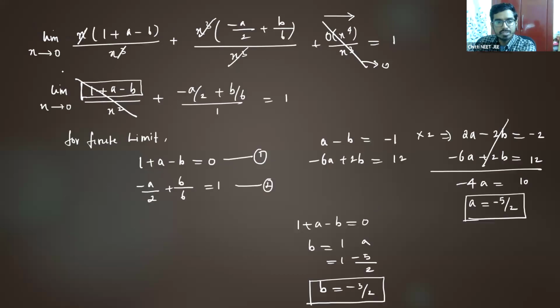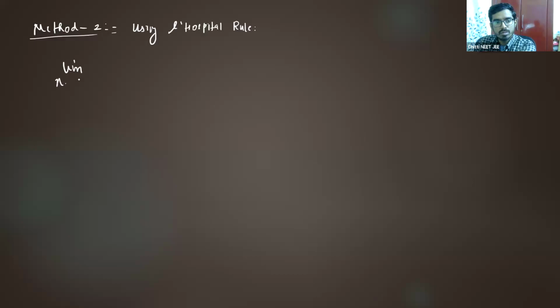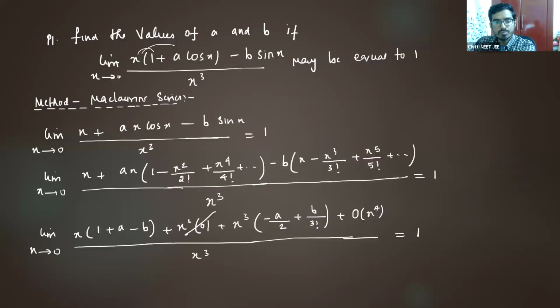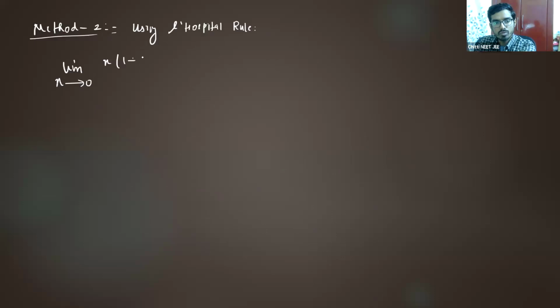I'll do the same problem with the L'Hopital rule. Method 2 using L'Hopital rule. Okay, so let's take the same question. Limit x tending to 0, x into 1 plus a cos x minus b sin x whole divided by x cube is equal to 1.